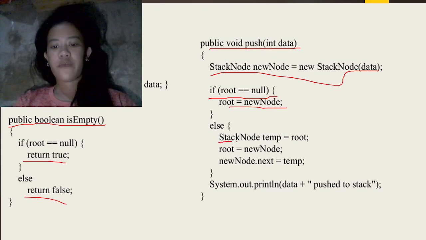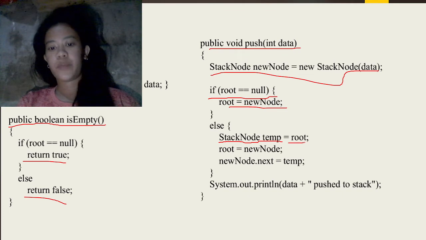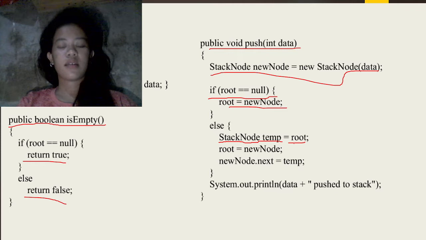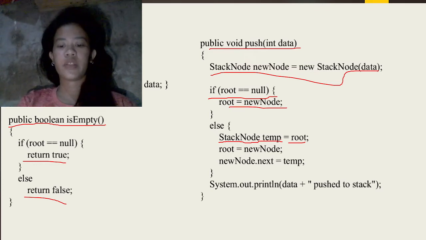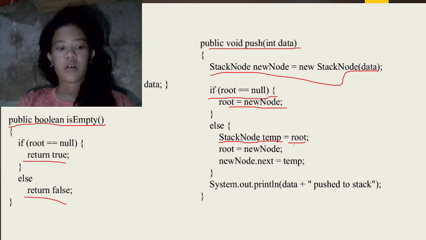we're going to have this StackNode temp. Temp is used as a pointer that equals root. So meaning if the stack is not empty, we have this temp because we're going to have a traversal, and then it will add the new node.